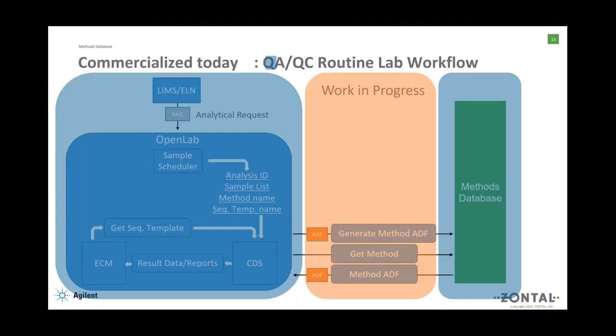Then we have the OpenLab suite with all of what I explained from a workflow perspective. And on the right side we have the ZONTAL space, which keeps the methods database. In between we have this layer for the transfer of methods back and forth, which is in progress and at the moment not available commercially.